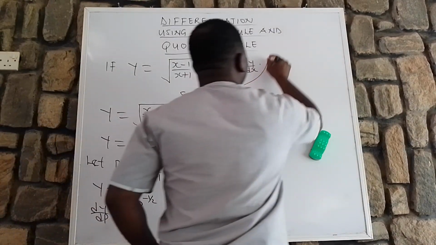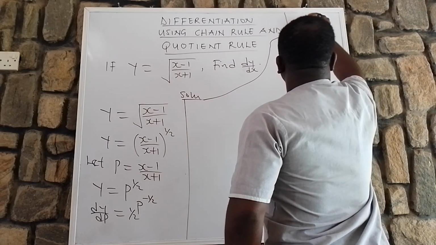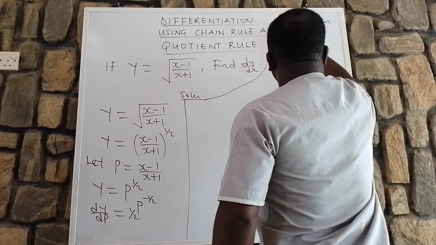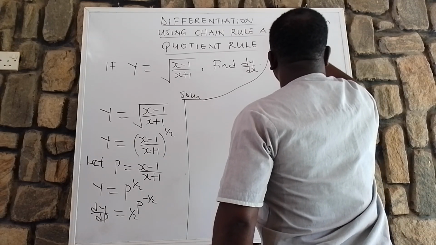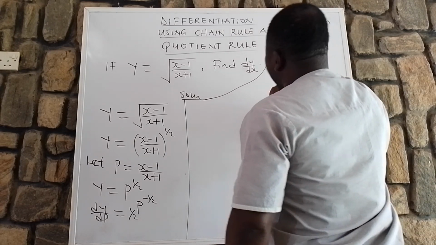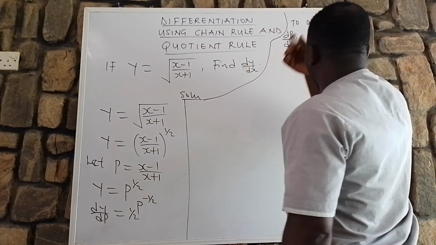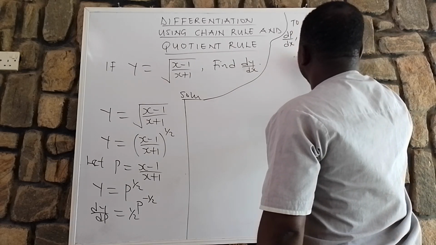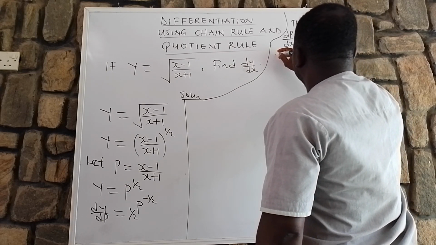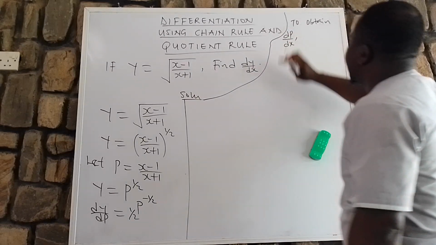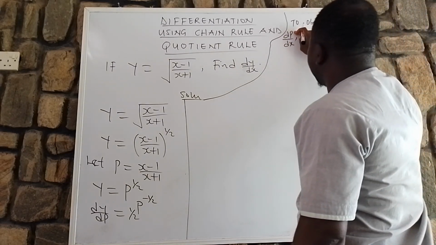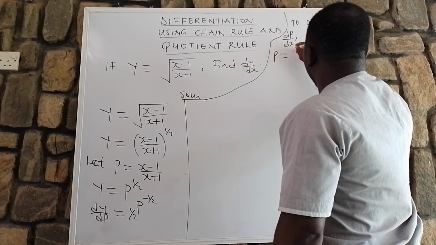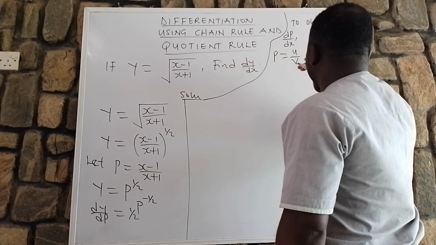So to obtain dp all over dx, we now use the quotient rule. The quotient rule is given as follows. Since the dependent variable here is p, p is equal to u all over v, isn't it?